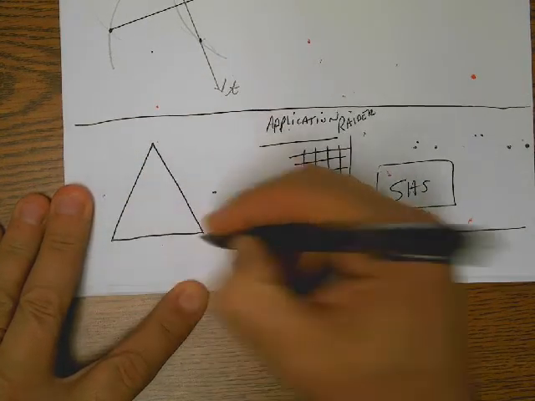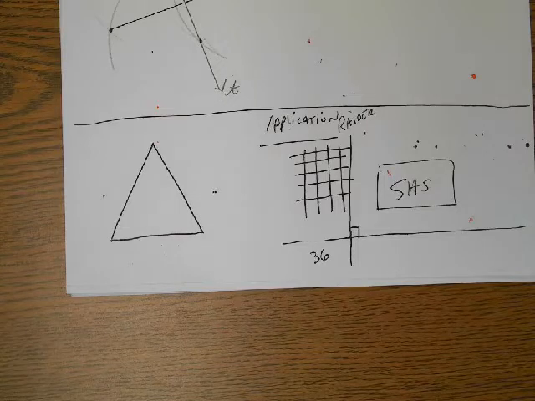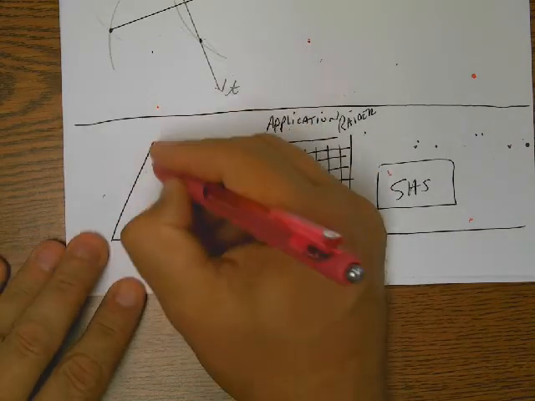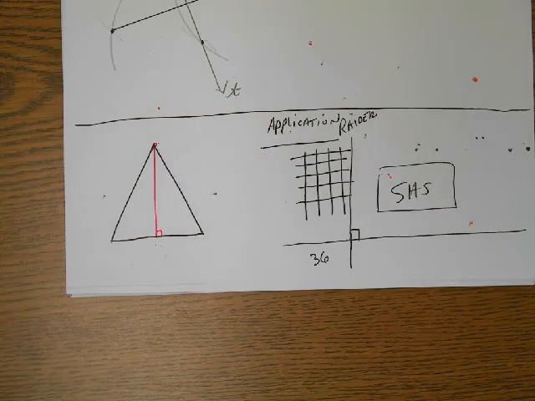All right, draw an acute triangle freehand. Don't use your straight edge. Now, if I was going to draw a perpendicular from this point to this segment, it would go about right there. Just eyeball it. Go ahead and draw it in.